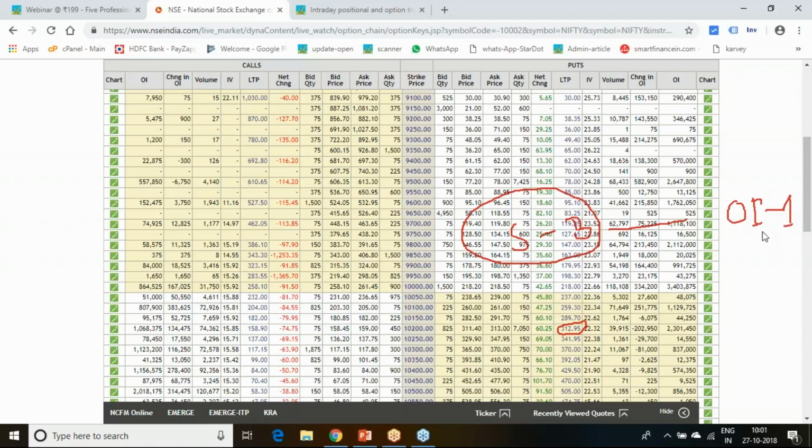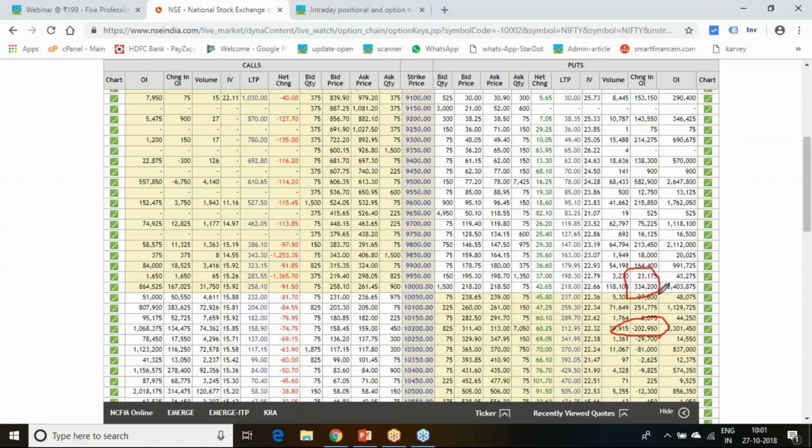So when the open interest is falling, that means no new contract is happening; existing contracts are being closed down. When open interest is increasing, new contracts are being created on top of the existing ones.